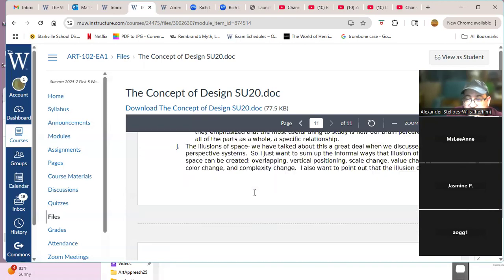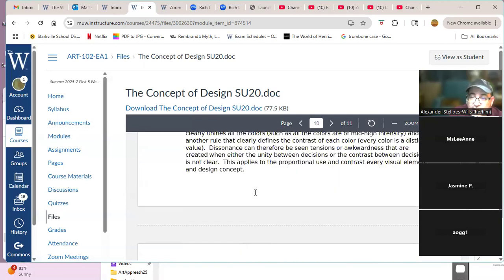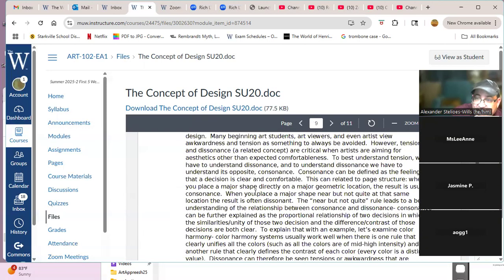Now, this is an 11-page document, and it's pretty dense because it's everything about every design element, design principle, and other design concept I could think of, all in one document.